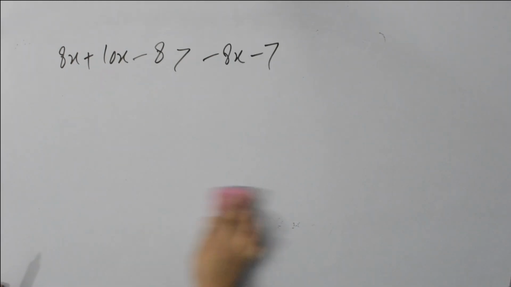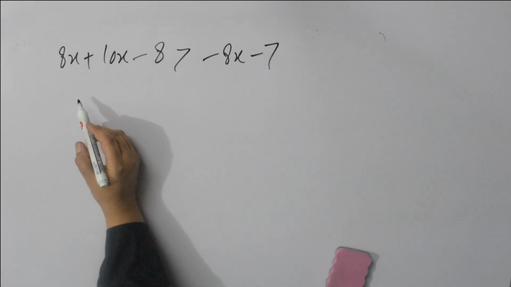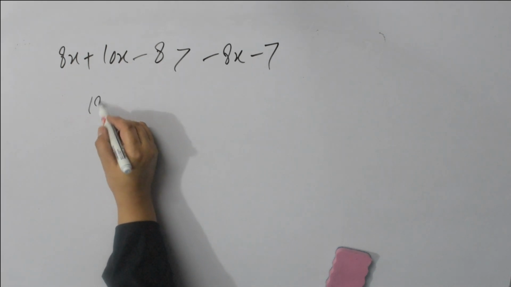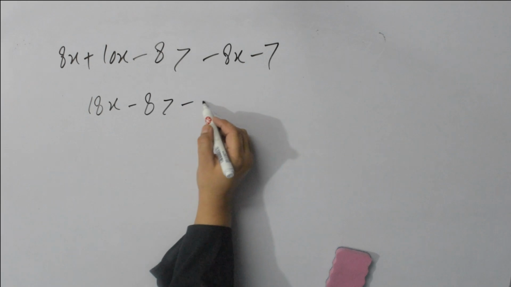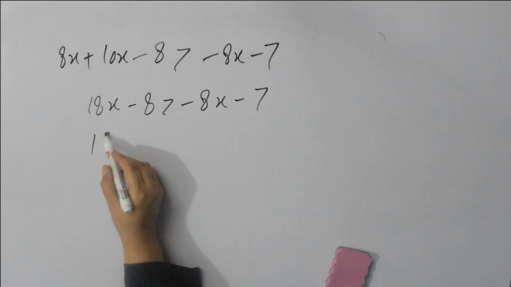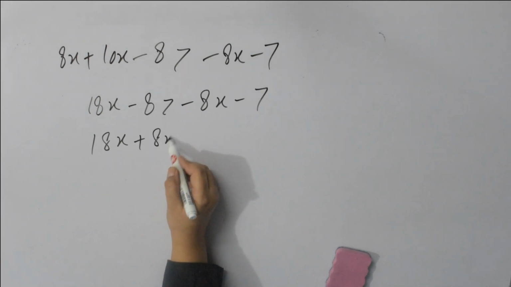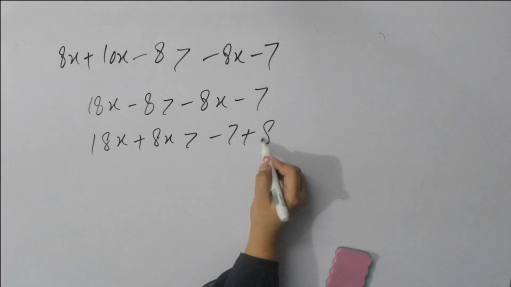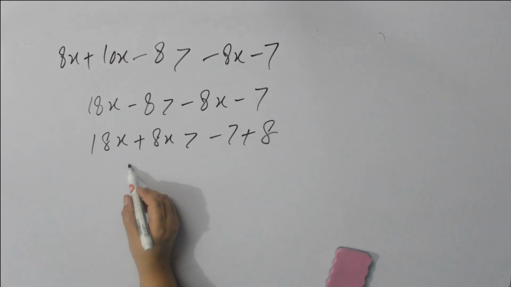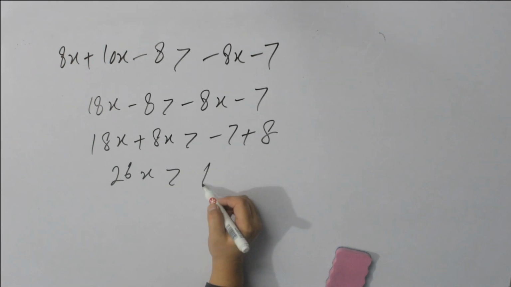Okay, this is my left side. So 8x plus 10x is 18x. Transpose: 18x plus 8x, minus 7 plus 8. 18 plus 8 is 26x greater than 1.